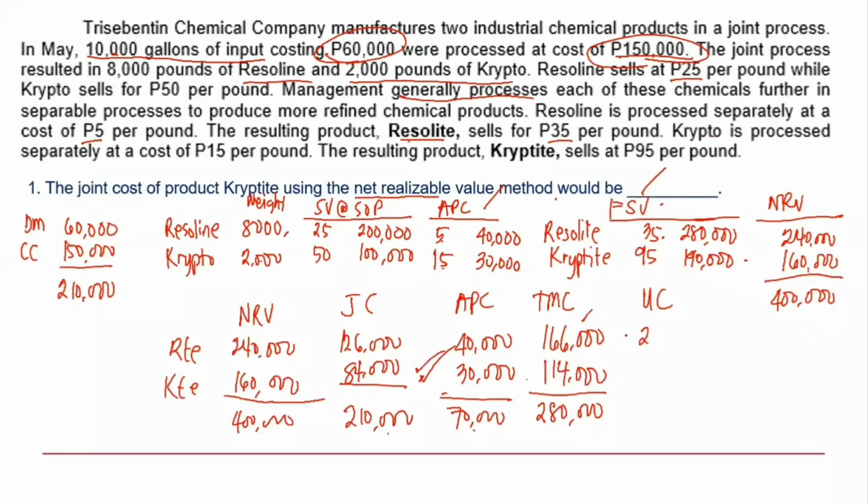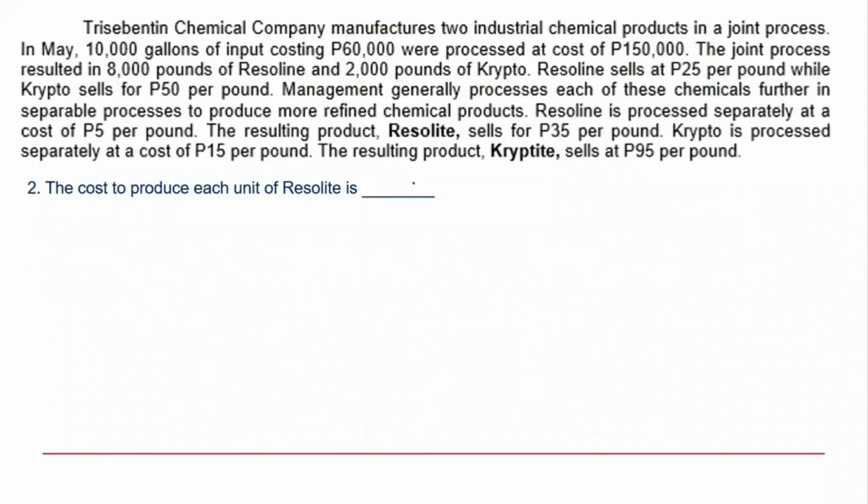Cryptite is 114,000 divided by 2,000, so that would be 57 per pound. But our answer in number 2 would be 20.75 per pound. So that's number 2.